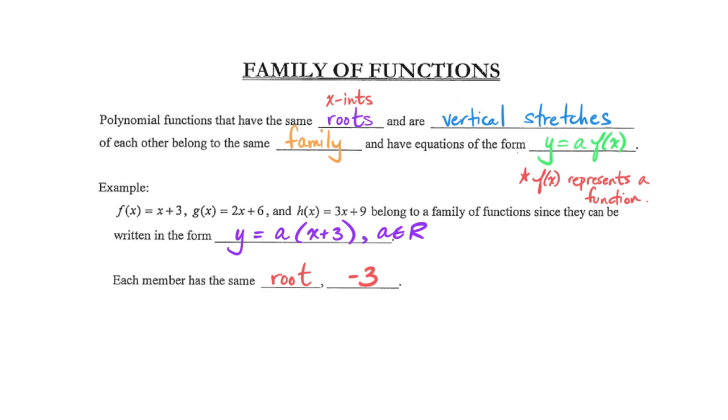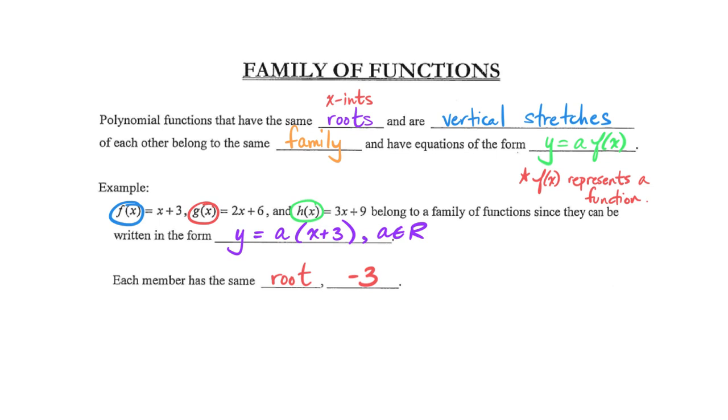You take a look, and I have given you 3 different functions. You see in that list, I've called one of them f of x. Another one, g of x, and the last one, h of x. I can't call all of them f of x because then they all have the same name. It's not as easy to talk about it.